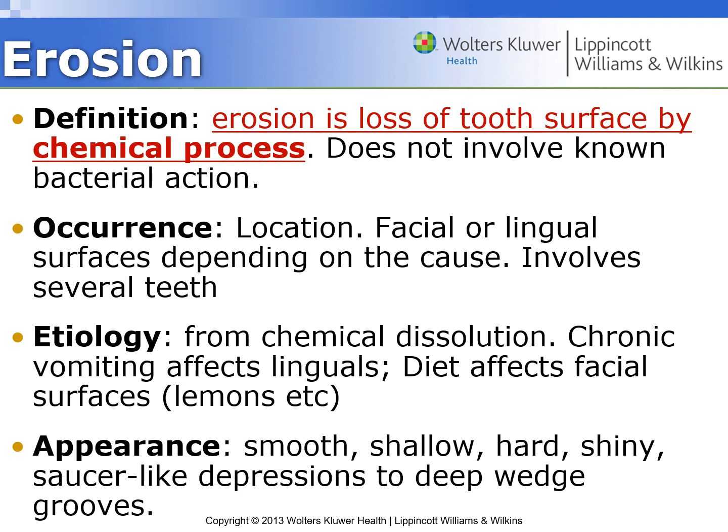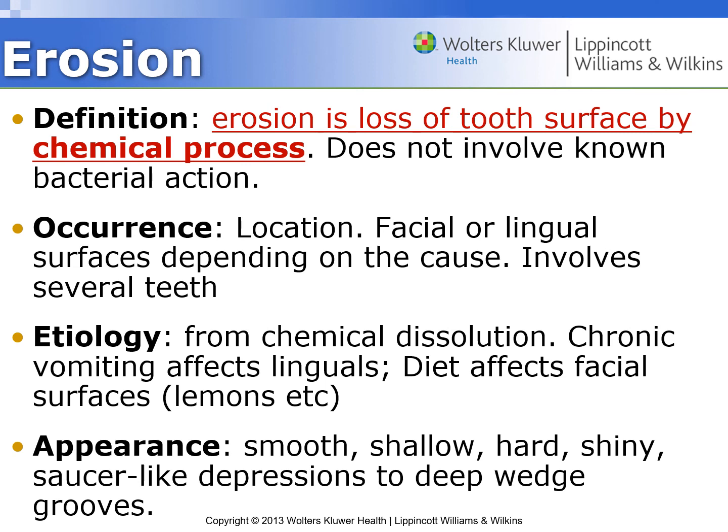It can also be diet on the facial surfaces. There are some people, especially some cultures in the islands and tropical places, that will just chew on lemons or limes all day long.